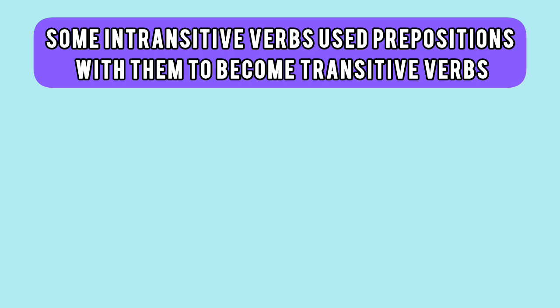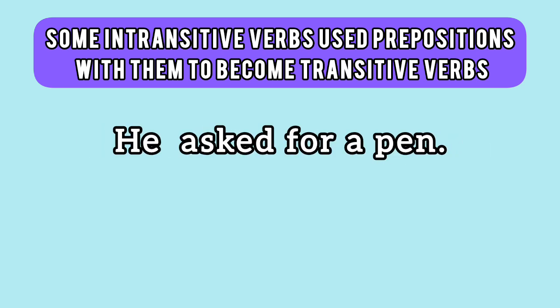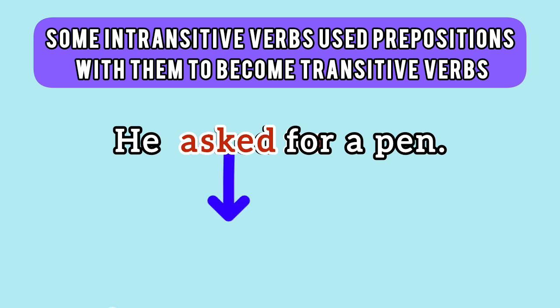For example, he asked for a pen. Here, the verb asked, while used with the pronoun he, was simply an intransitive verb. But using the preposition for with it, it becomes an example of a transitive verb.